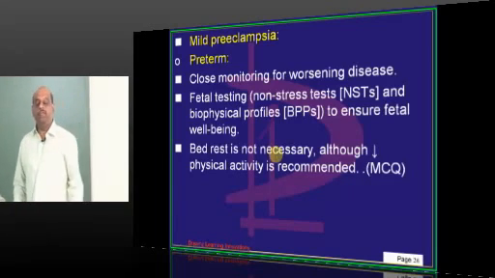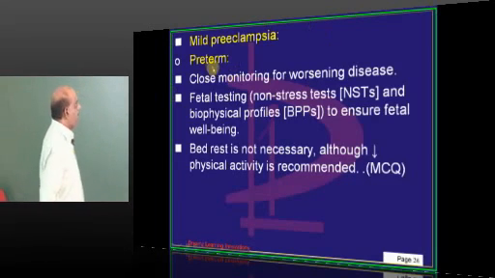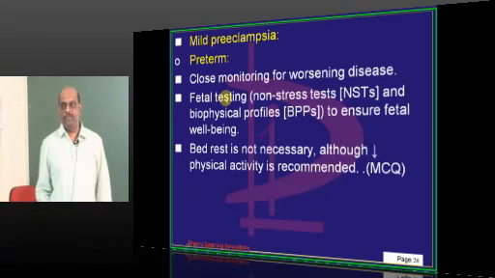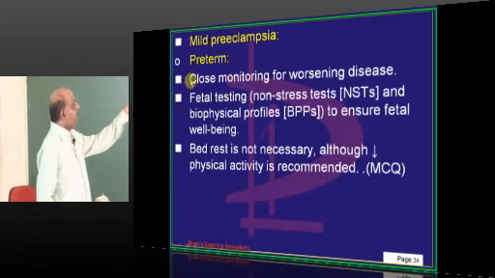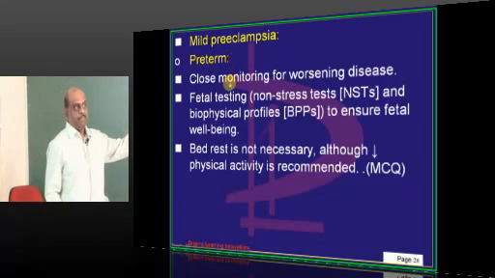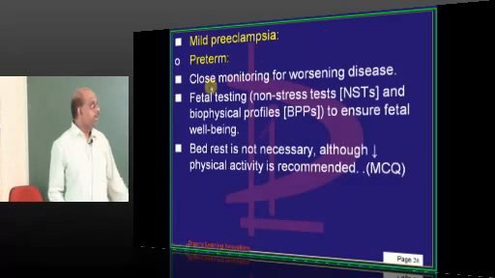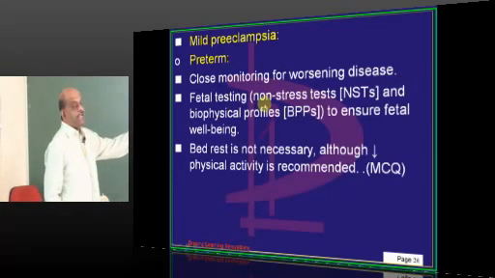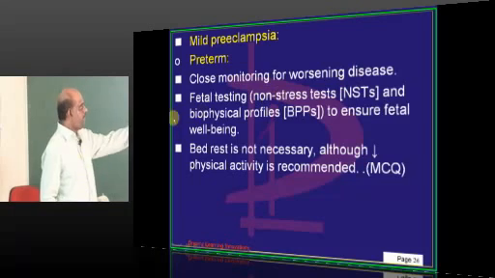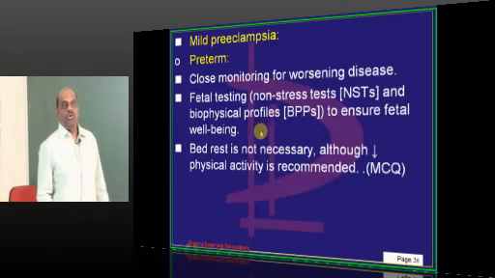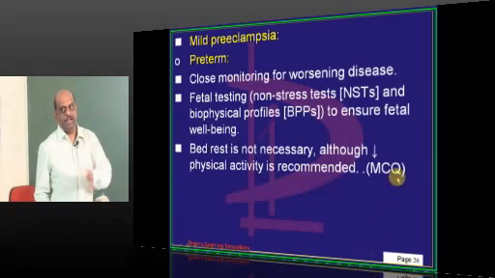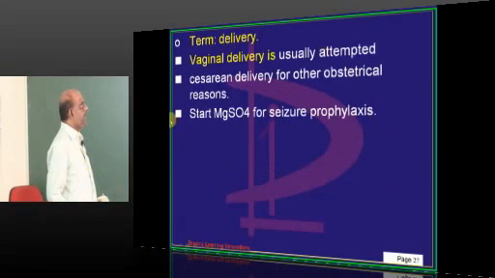So, if it is a mild preeclampsia, what do you want to do, doctor? Look, we are repeating the same thing which we already have finished. Look whether it is preterm. If it is preterm, closely monitor for the worsening and do the fetal testing religiously by doing non-stress tests and BPP to know the fetal well-being, and decreased physical activity is recommended, not bed rest all the way.